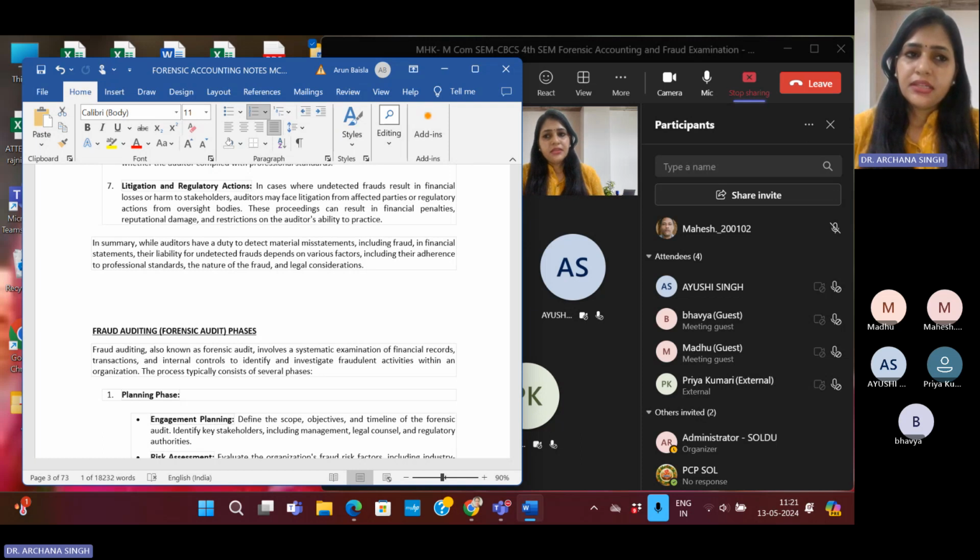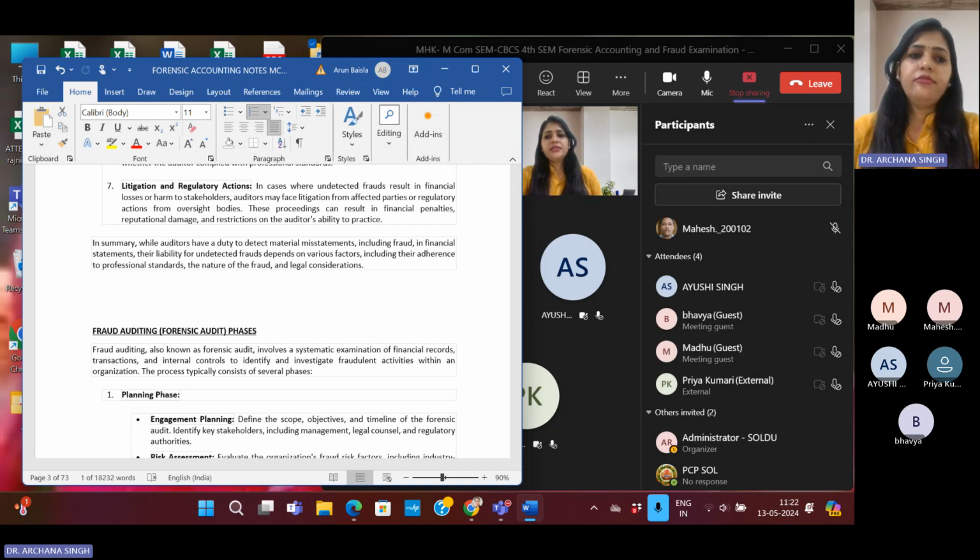Besides penalties, there may be reputational damage to them. Then there may be restrictions on the auditor's ability to practice, so that their practice is shut down. So these are the regulatory actions that they may suffer. In summary, auditors have the duty to detect misstatements, including fraud in financial statements, and their liability for undetected frauds depends on various factors. So they have to detect the frauds, it is their liability.